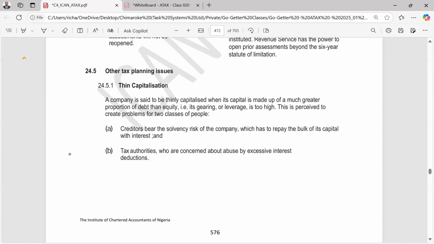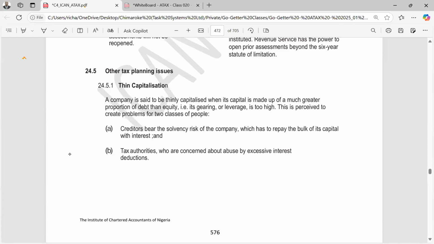And how do you provide capital for your business? It's either by equity, the owner's equity, where owners contribute money and raise cash for the business, or by debts. It means they will borrow money from venture capitalists, individuals, and others. So it's either you are taking it from owner's equity or from debt.